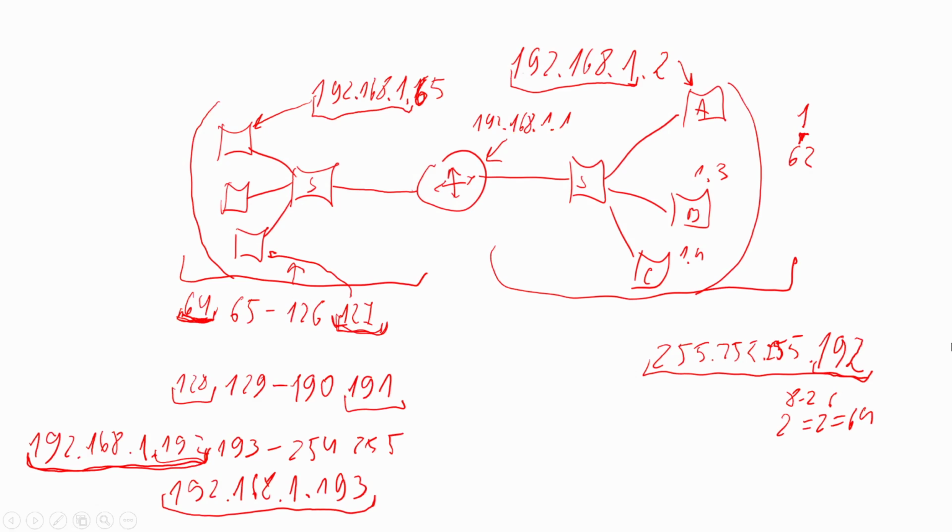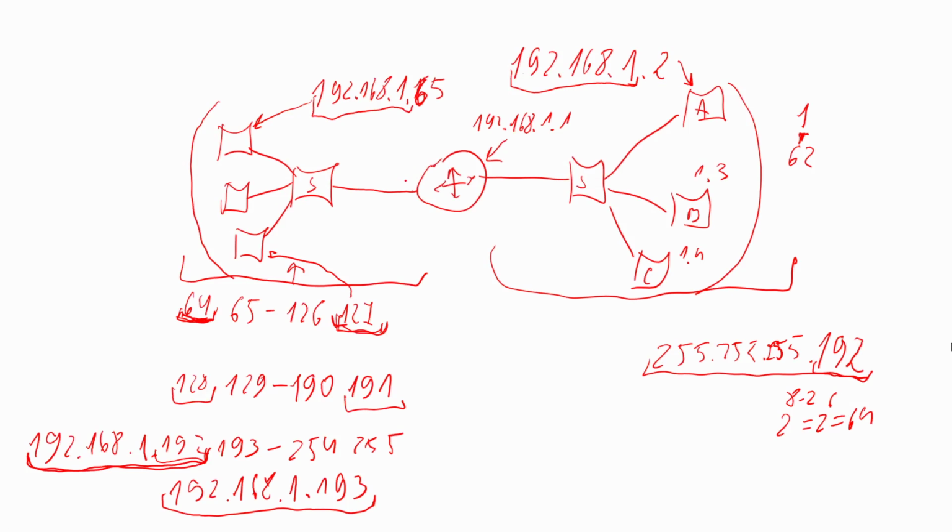Can you tell how to connect two routers? What should be the IP addresses? Okay, if we want to connect this, because this router has two interfaces, one interface is here, another here. So this router should have different IP addresses, because here is a different subnet, here we have a different subnet.